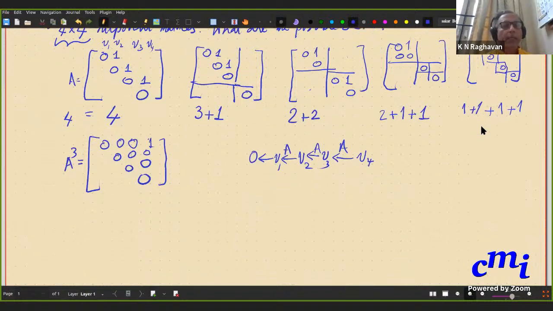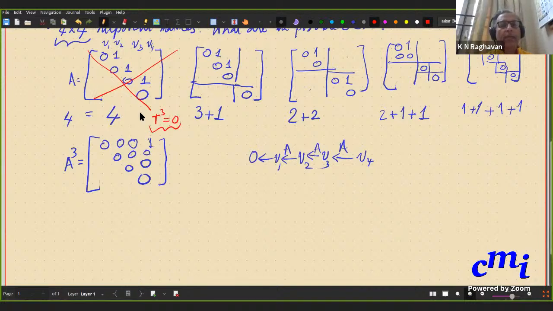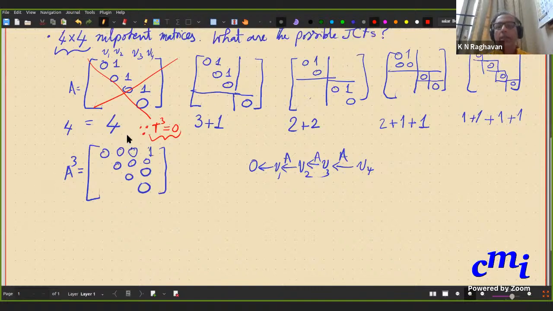Okay, so A cubed is 0 here. A cubed is non-zero here. So this is eliminated, so this is not possible because T cubed is 0. I'm using A as the matrix associated to T. Here A cubed is non-zero. These are the 3 possibilities.